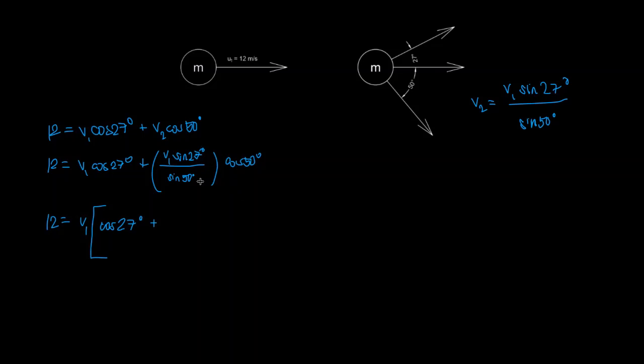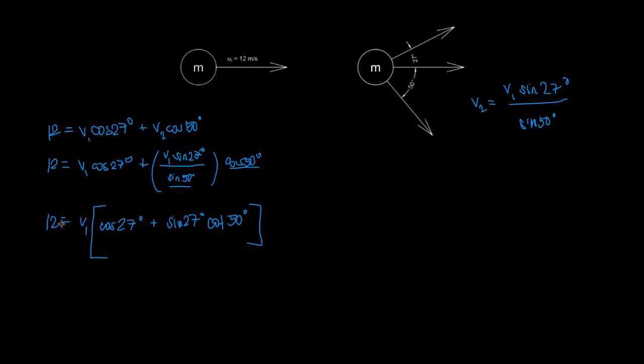Plus, tingnan mo to ha, sine 27 times, tingnan mo, cosine 50 over sine 50. What is that? That is cotangent. That's cotangent 50 degrees, or that's just the reciprocal of tangent. Para sa calculators yan.